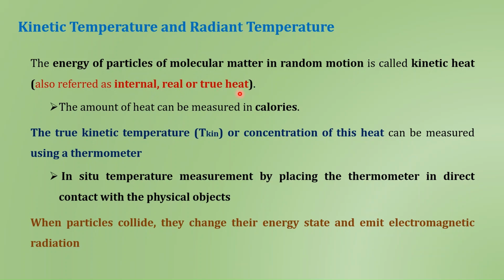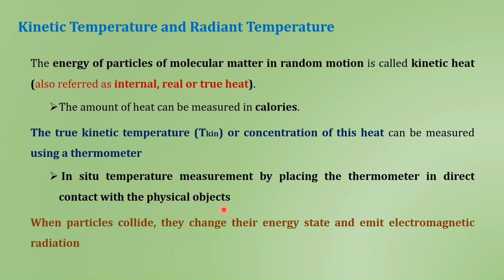The amount of this heat can be measured in calories. The concentration of this heat, also referred to as the true kinetic temperature, can be measured using a thermometer. For this, we require in situ temperature measurement, which can be done by placing the thermometer in direct contact with the physical objects.